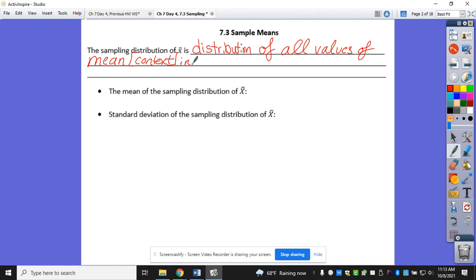And what's the big difference between a sampling distribution and an approximation of a sampling distribution? What is the difference between a full sampling distribution versus an approximation? In whatever our individuals are.